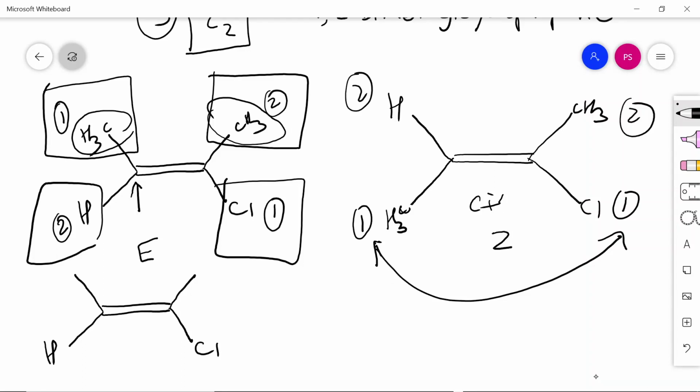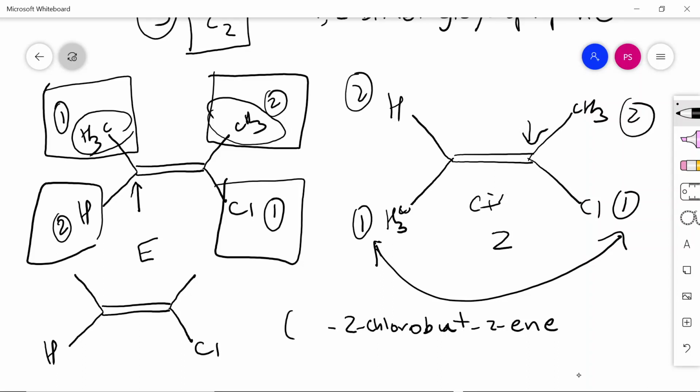Now give the nomenclature. Both these compounds are 2-butene. But at the second position chlorine is there, so it is 2-chlorobut-2-ene.